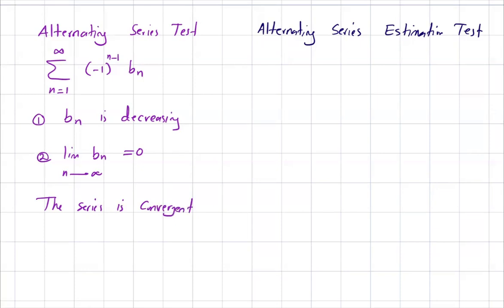The alternating series estimation test, however, says if S is equal to the summation of (-1)^(n-1) bn, n starts from 1 and goes to infinity, where your bn are positive, and these two conditions are met.